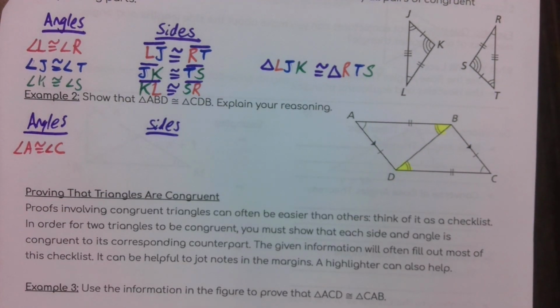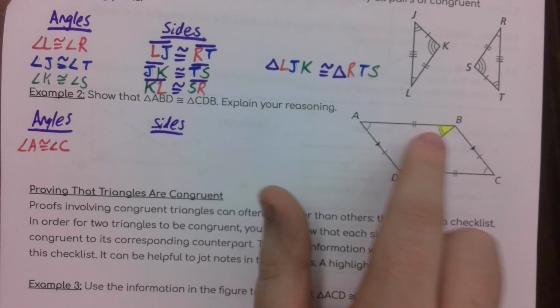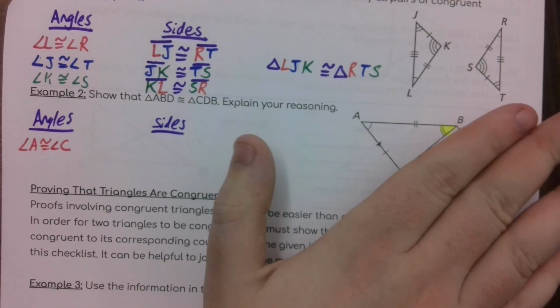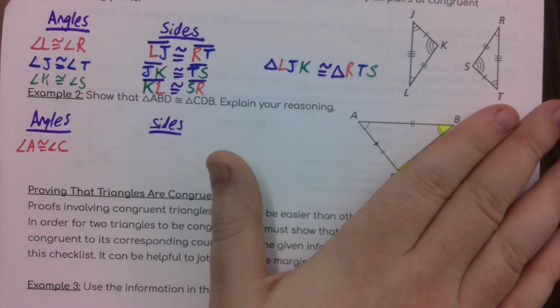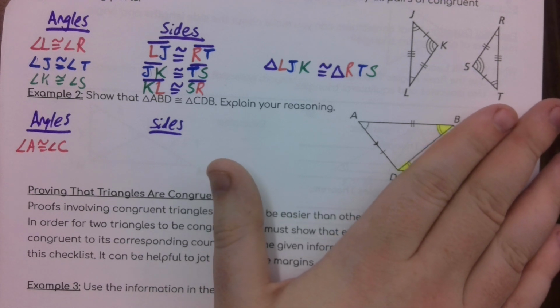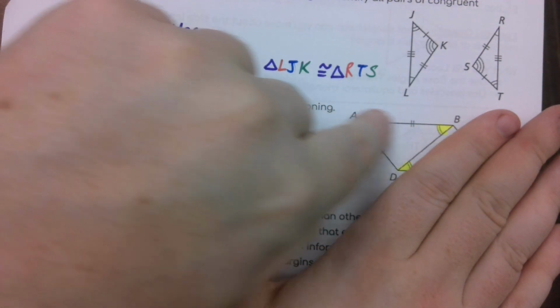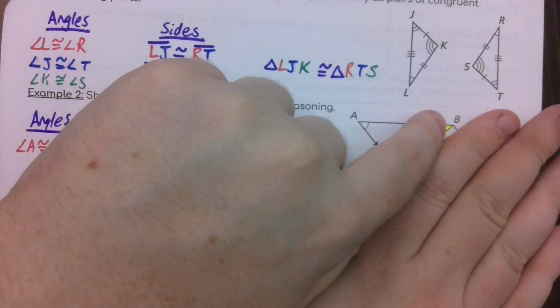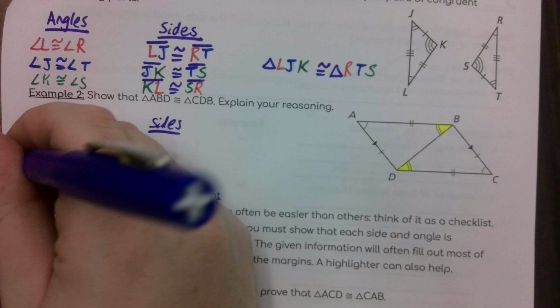So as a brief reminder, we name these angles using 3 letters. Again, if you have two angles that share a vertex point, you name it using 3 letters. So if I'm talking about this yellow shaded angle here, I'm going to go from A to B to D. ABD is the name of the angle, with the vertex B always being in the middle.